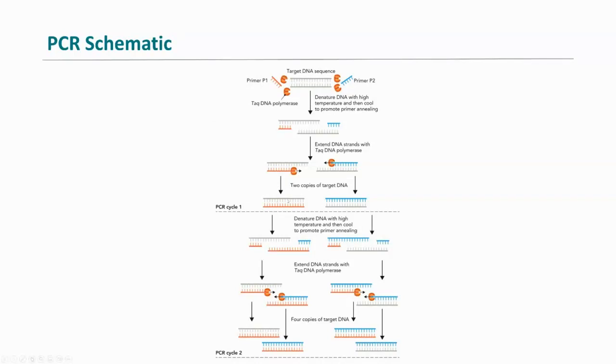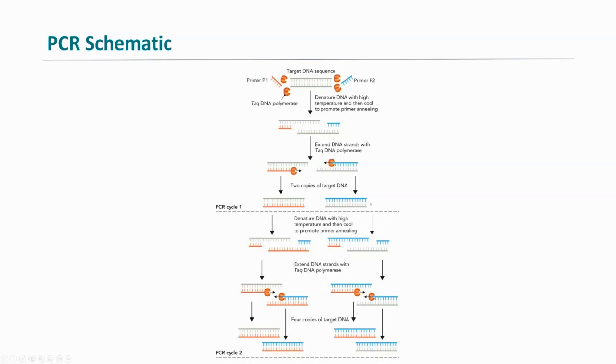From the beginning, cycle 1, the double helix DNA, and then denaturation, so denature, here denaturation, and then the primer binds to the template, and then they perform the synthesis.